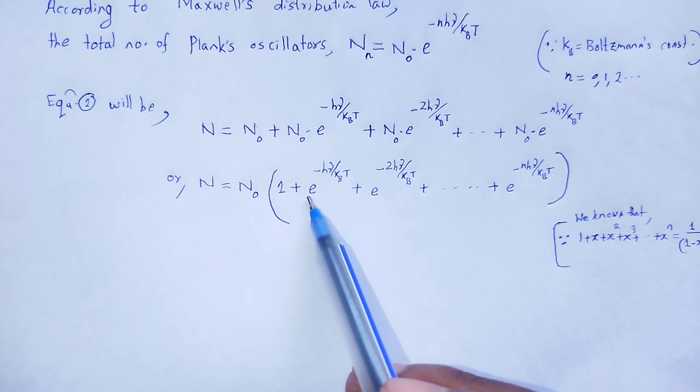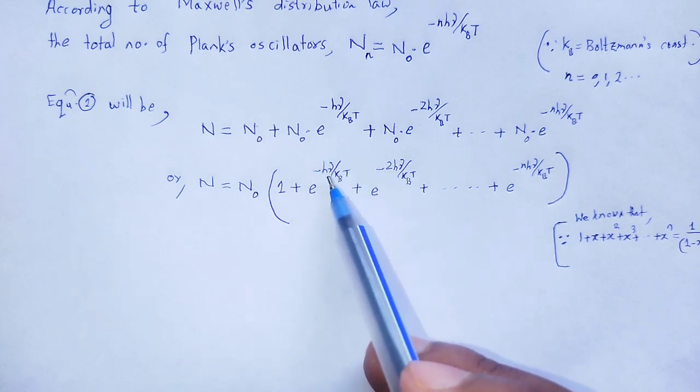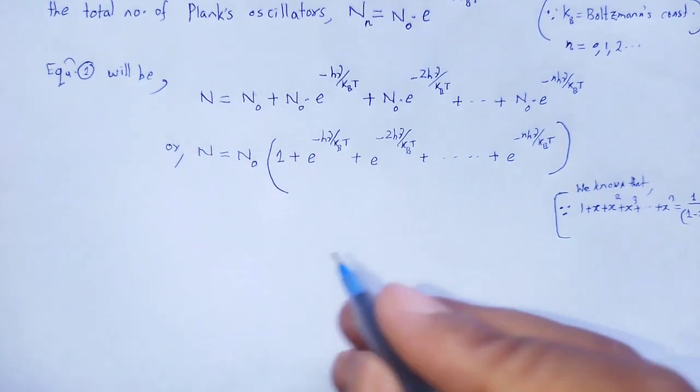Similarly, here in place of x we write e to the power minus h nu divided by kBT.